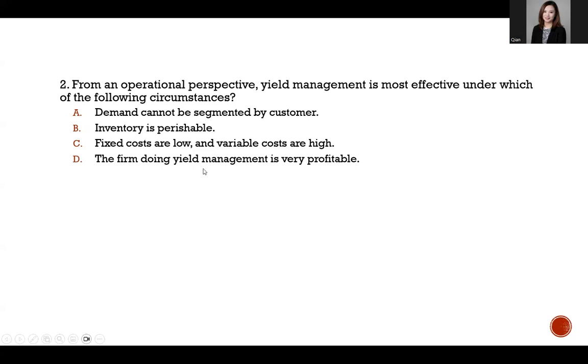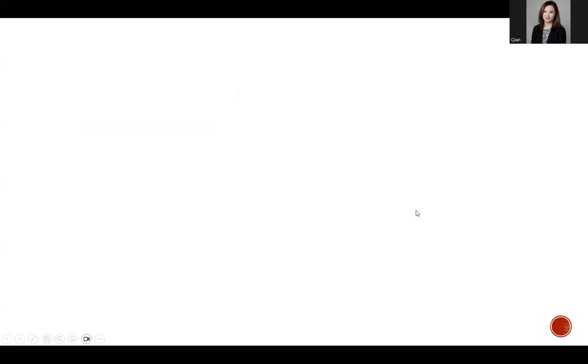Option D, the firm doing yield management is very profitable. This comes from the five requirements. So the correct answer should be B. For option C, it should be fixed costs are high while the variable costs are low. And option A should be that the demand should be able to be segmented by customers.